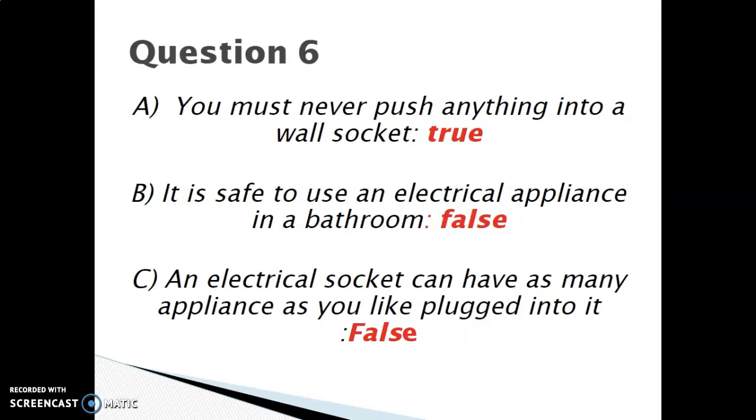You can plug in the television, computer, receiver, heater, as many as you like. Of course it's false. Check your answers so as to go to question 7.